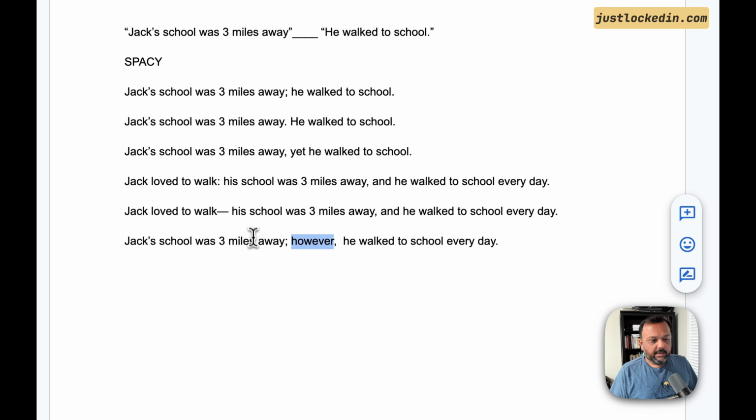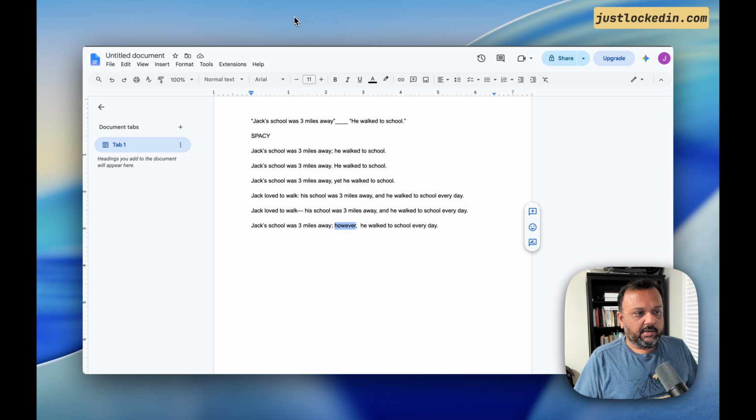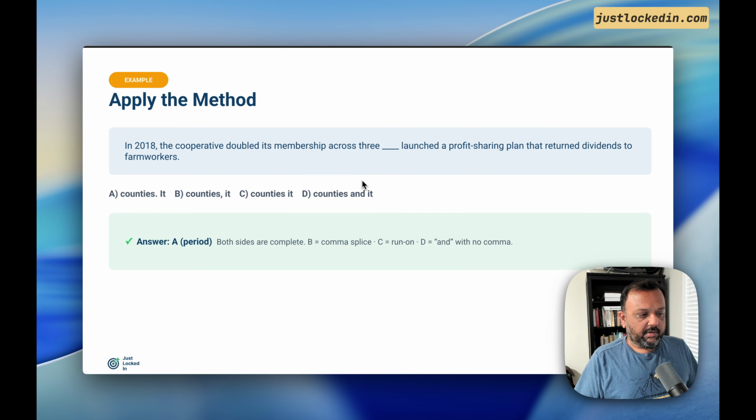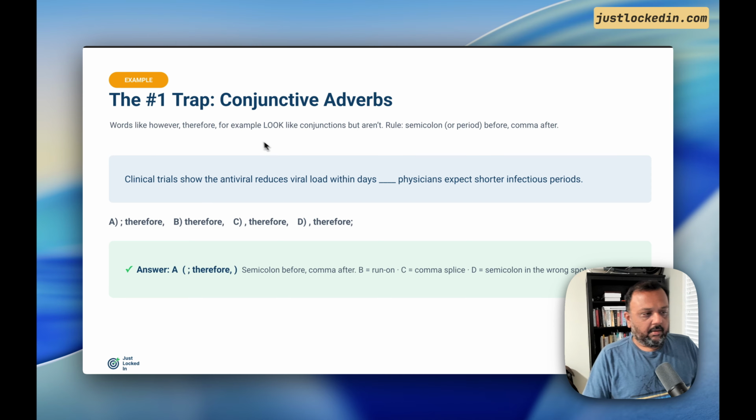So you could also legally join two independent clauses with a conjunctive adverb. All right. So let's go back to this presentation where I have a few examples. Look at this example. Clinical trials show the antiviral reduces viral load within days. If you remove all the punctuation, you are left with just therefore.